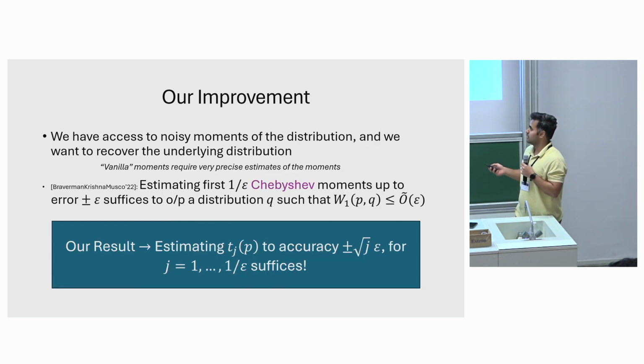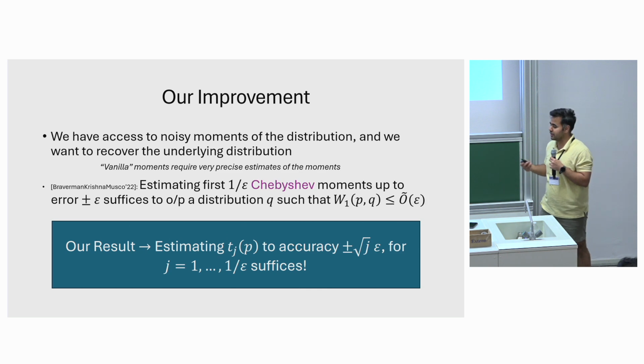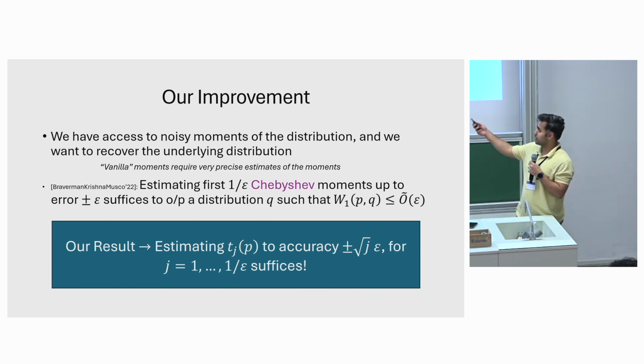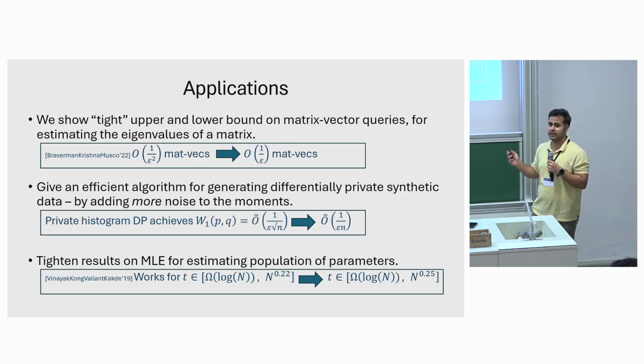Our result implies that you can make more error in estimating the higher moments. In particular, estimating the jth Chebyshev moment to accuracy root j times epsilon suffices.